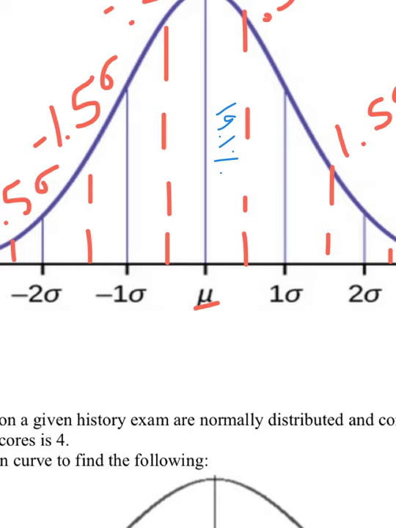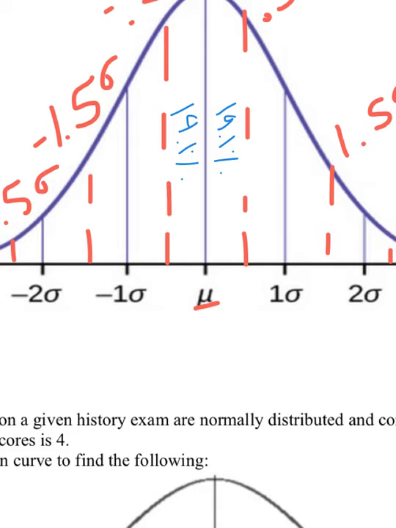Same thing if you are between the mean and minus 0.5, then you are with 19.1% of the population. So if you are between minus 1/2 standard deviation and positive 1/2 standard deviation, you are with 38.2% of the population. Okay? As you keep going out, that percentage gets smaller and smaller because you are moving farther and farther away from the mean.